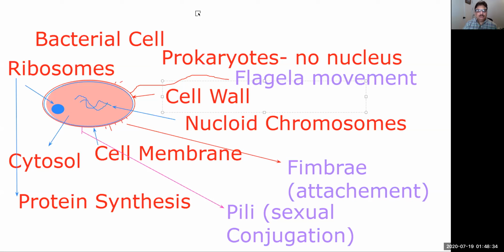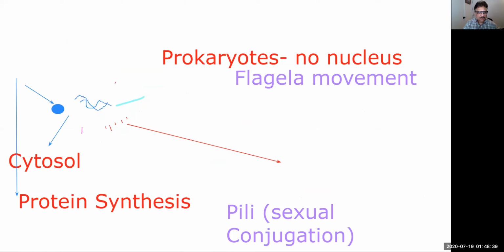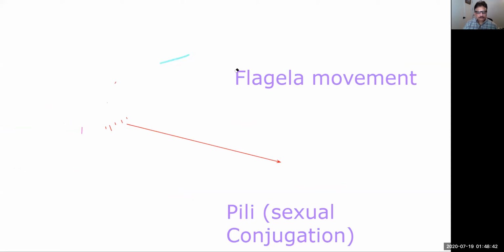Now let's talk about the eukaryotic cell, and the example is the human cell. So let's draw a typical human cell. Unlike bacteria that have a cell wall, human cells don't have a cell wall.